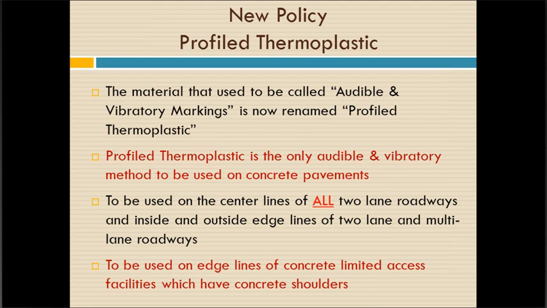But we realized that if we put out a policy for rumble striping, and a few months later we put out this policy on pavement marking selection, it's going to mean going through pavement markings twice. And so the decision was made that we were not going to issue rumble striping until we got pavement marking selection done. So that's one of the reasons why it's taken so long to get these bulletins out.